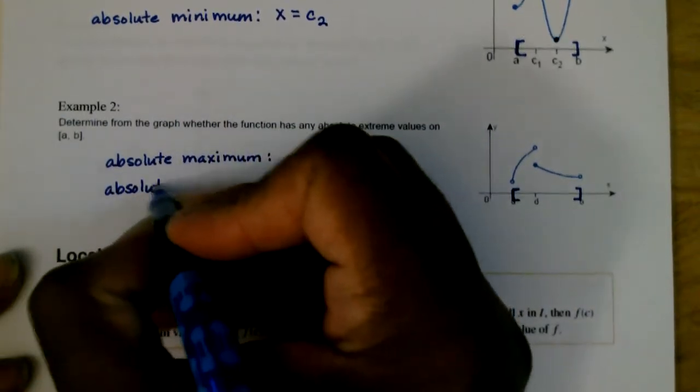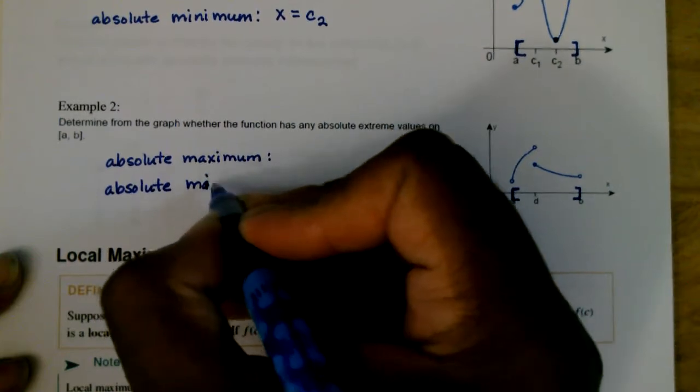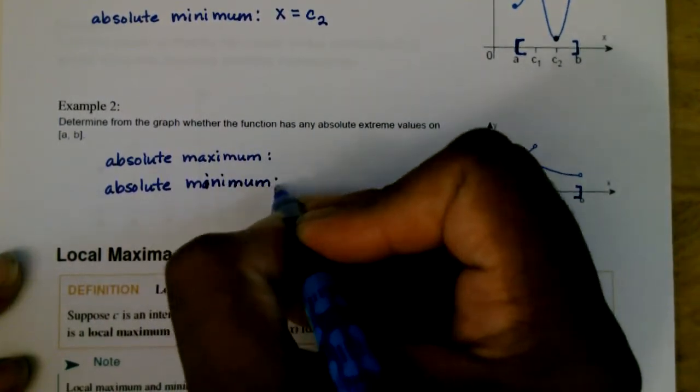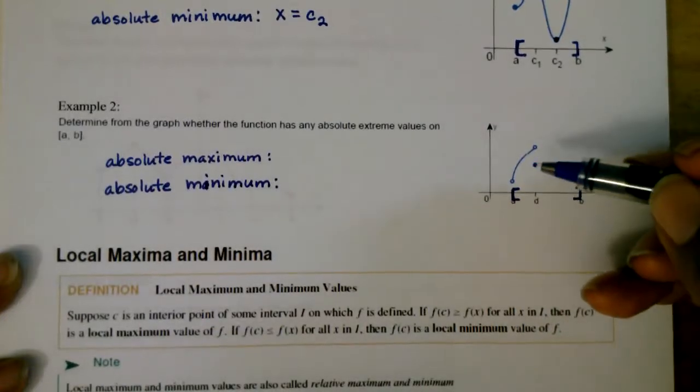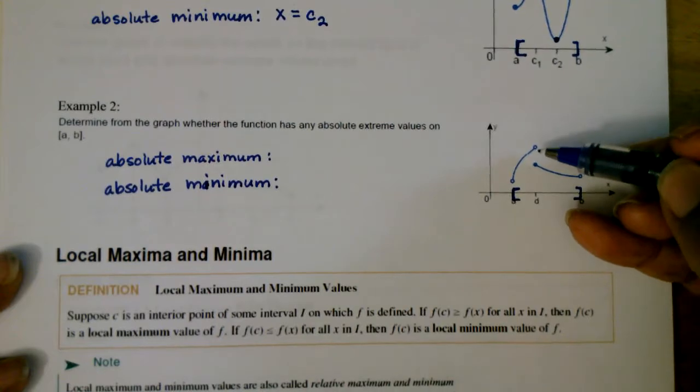Because sometimes there is no absolute maximum and/or no absolute minimum. So here's the graph. Now, you would think the highest point would be up here, but unfortunately, there's an empty circle there, okay?